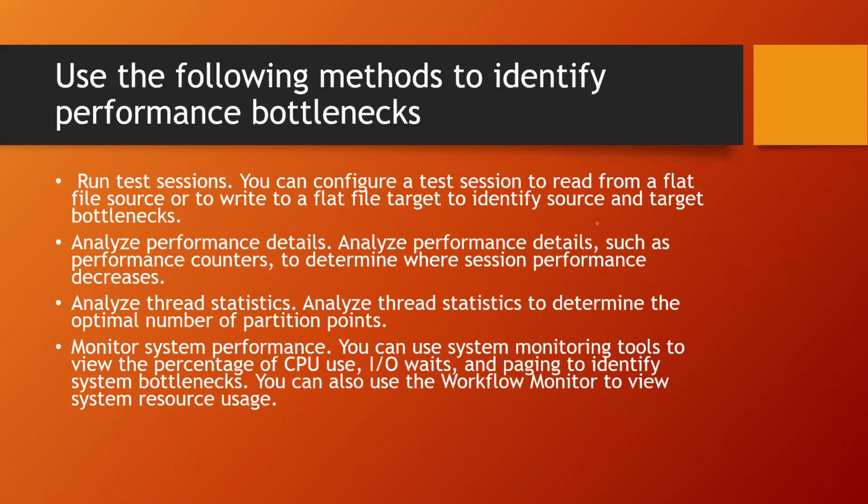You can use system monitoring tools to view the percentage of CPU utilization, input output, and paging to identify the system bottleneck. You can also use the Workflow Monitor to view system resource usage. With these tools you can analyze your system performance.